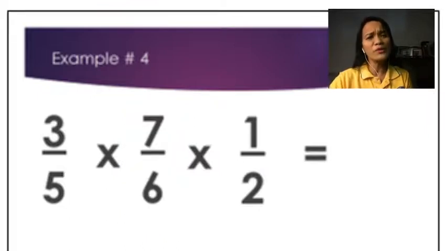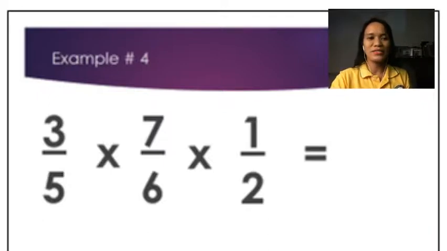So, will our procedure still work in these kinds of problems? You sure bet! All you have to do is multiply all our fractions. Multiply the top number first, then multiply the bottom numbers next, and we will arrive at our answer, just like we did in our previous examples. So let's solve our problem.